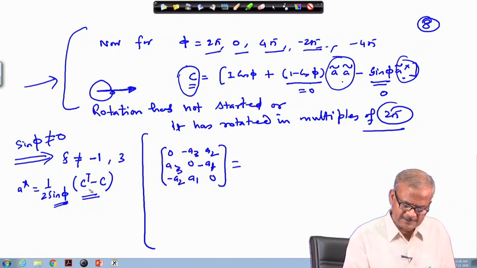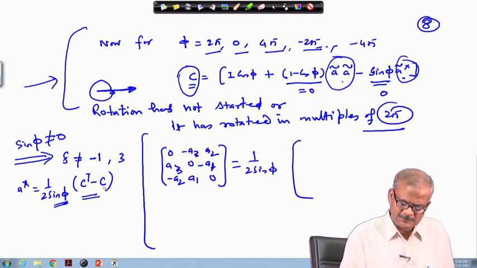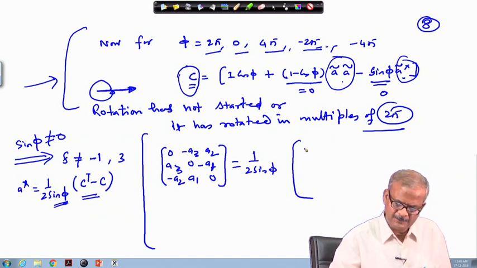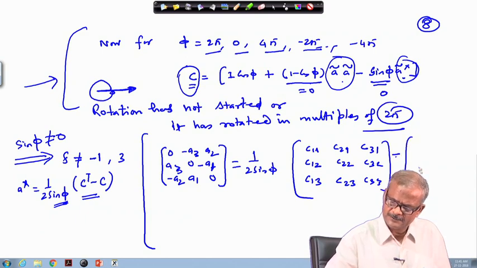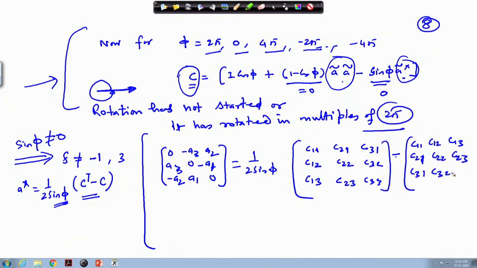And on the right hand side expand this by writing 1 by 2 sin phi and C transpose minus C. So, that will turn out to be the elements like C 1 1, C 1 2, C 1 3, C 2 1, C 2 2, C 2 3, C 3 1, C 3 2, C 3 3 for the transpose, and then subtract from here the C matrix, and compare the corresponding terms.